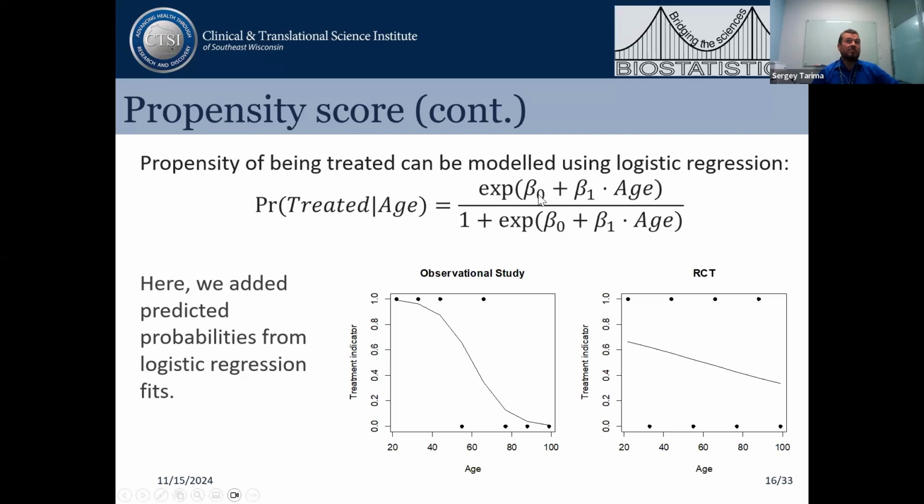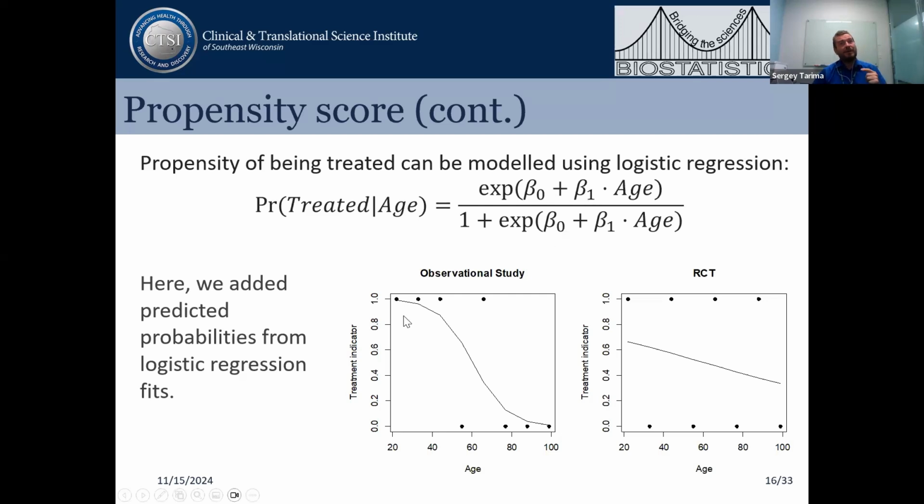These two parameters, beta 0 and beta 1, intercept and slope, need to be estimated, and we estimate them on the basis of the data we observe. So in this example for the observational study, we use only 8 points, a sample size of 8, to estimate these two unknown parameters, beta 0 and beta 1.